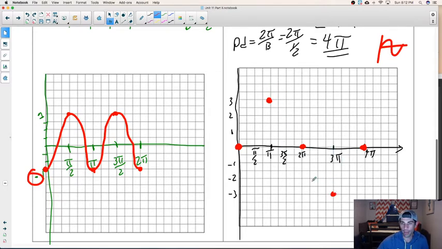At 3 pi, I'll go down to -3. So here I'm going, there's half of the cycle, and then there's the rest of the cycle. Okay? And that's how you complete one cycle between 0 and 4 pi of that curve. All right? Almost there. Almost there.